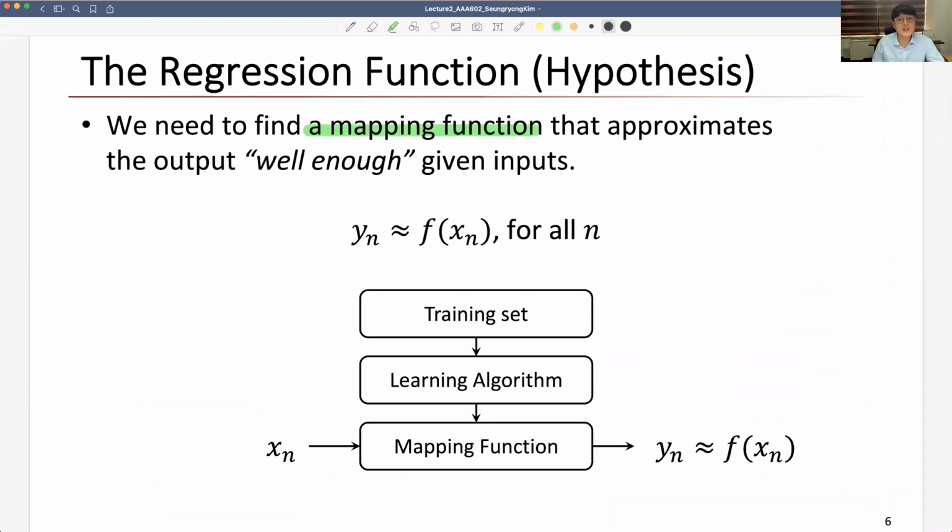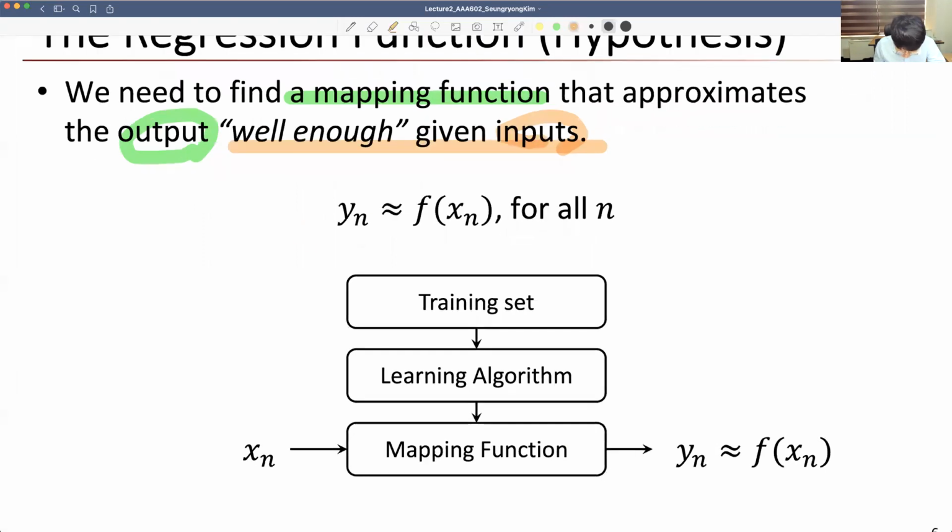The mapping function is a function that approximates the output well enough given the input data. So as you can see here, xn is the input variable and yn is the output variable. Then the goal of the regression problem is to find out this mapping function.